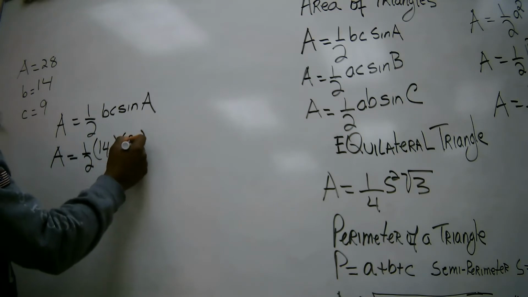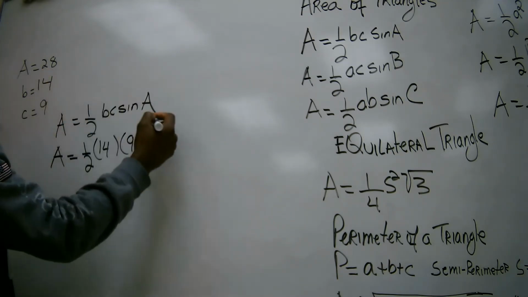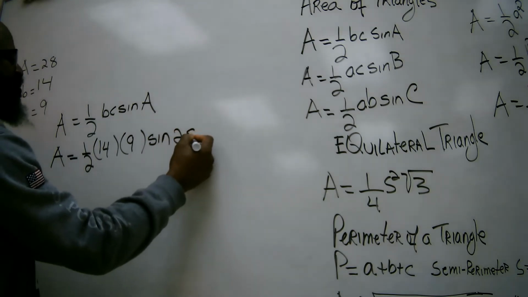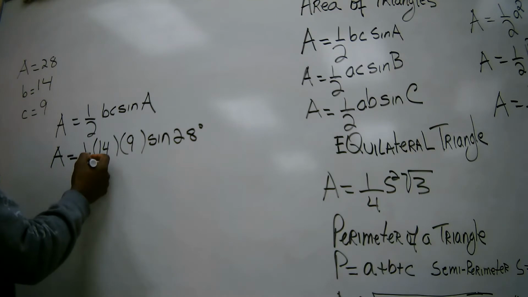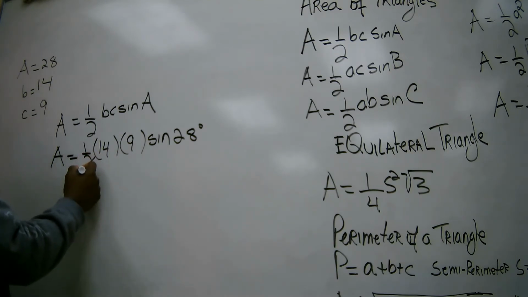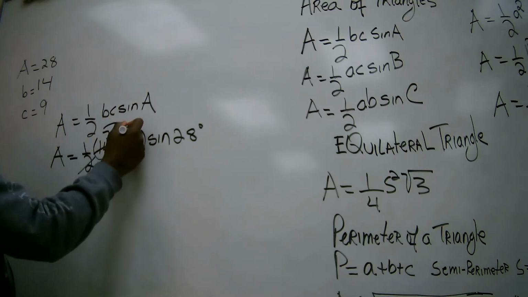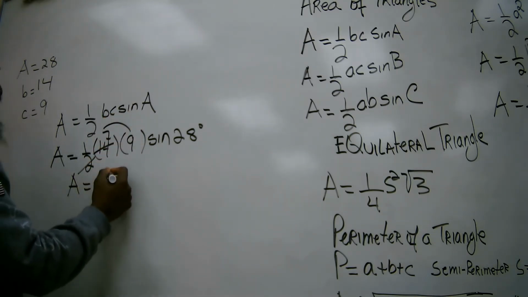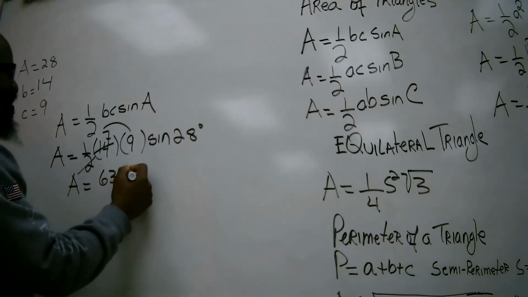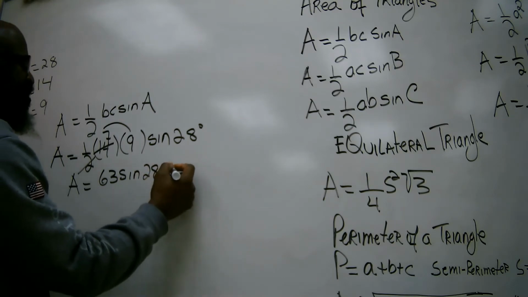Then you plug in sine A, and in this case, A is 28 degrees. So this part we will use a calculator. You can do half of 14 is 7. Now you will have 7 times 9. Then you will have area equals 63 sine 28. That will be in square units.